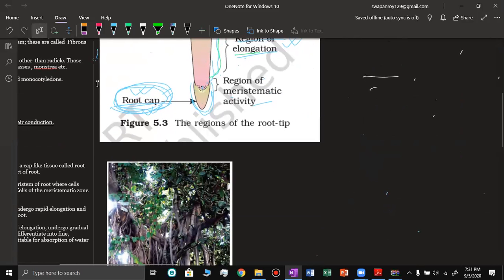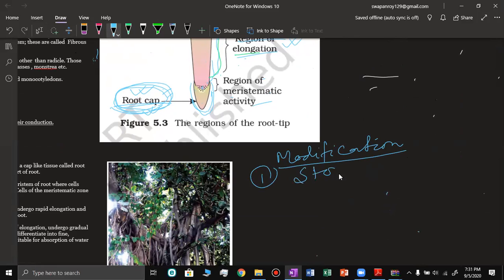So there are different types of modifications. These modifications are for various purposes. Some of the modification, as we have seen, is for the storage purpose.